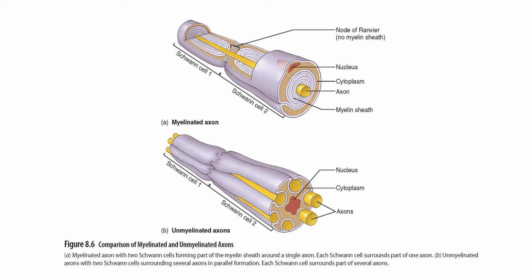But the unmyelinated axon has two Schwann cells surrounding several axons in parallel formation, and each Schwann cell surrounds parts of several axons. In this one, you will see several axons around it, and the nucleus is found centrally.